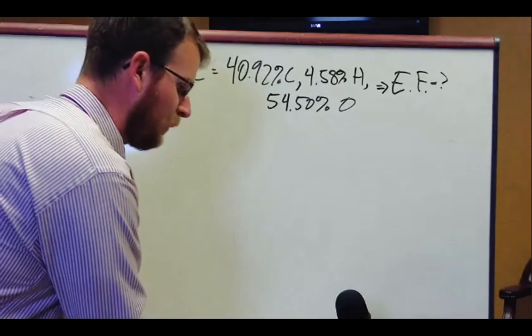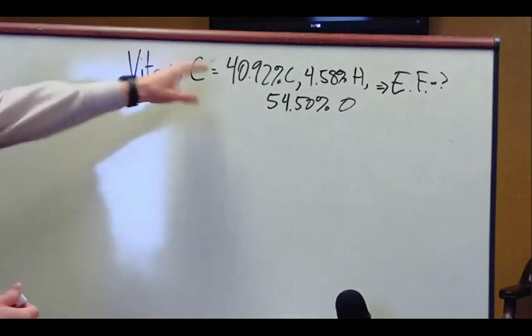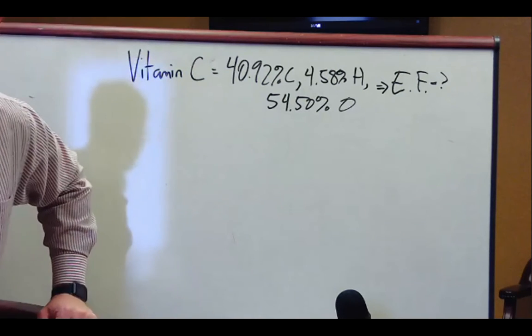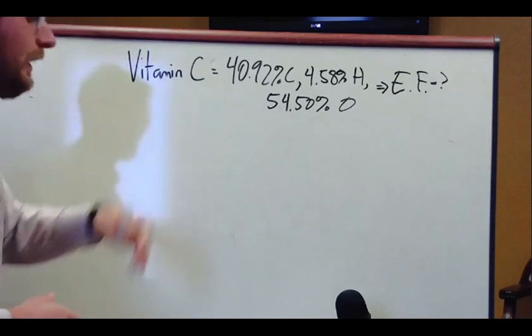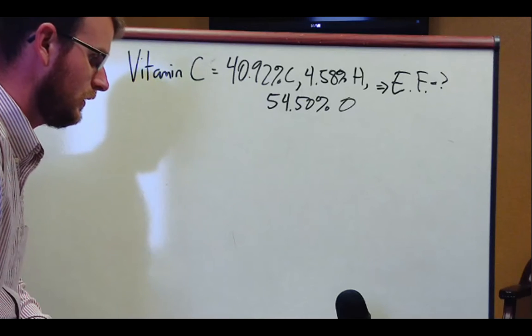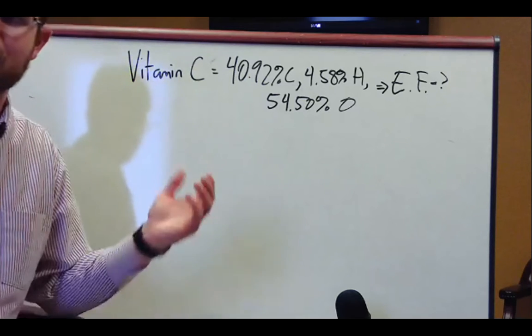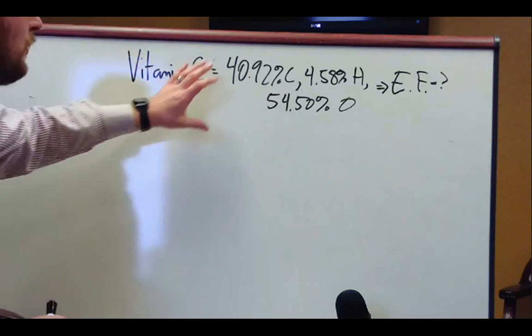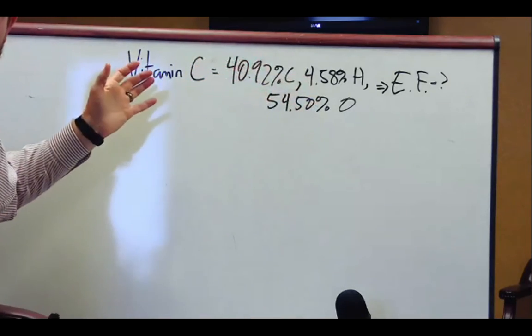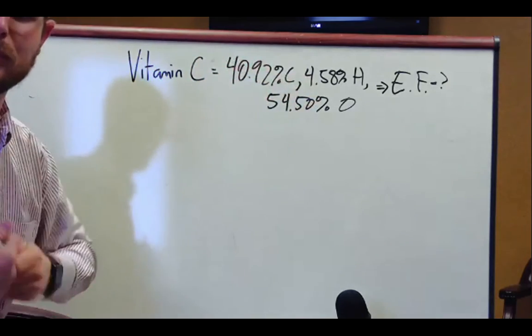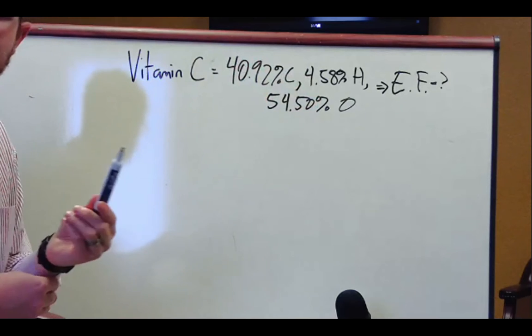So let's think about what we have. And what we have are percentages. What do you think we might need to start calculating that empirical formula? Well, how much of the sample do we have, right? We know within a sample there's these percentages. Well, how much of the sample do we have? Well, it's not given in this problem.